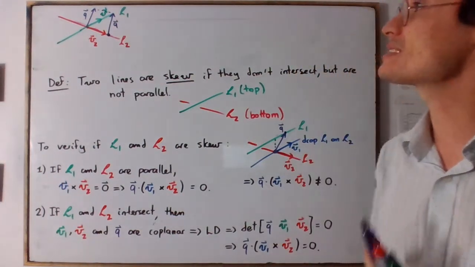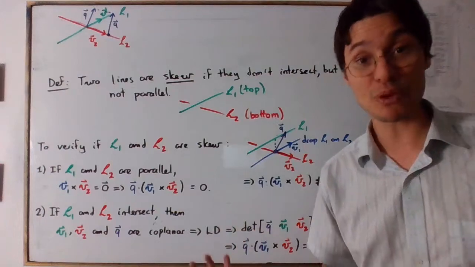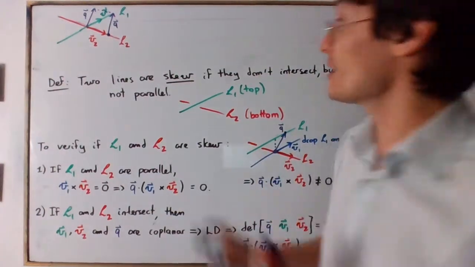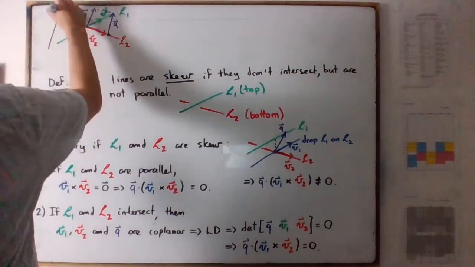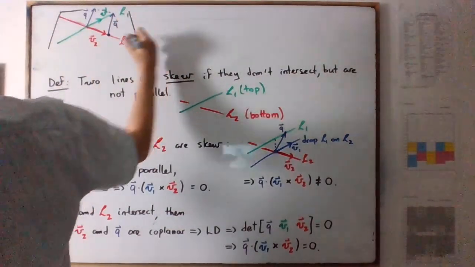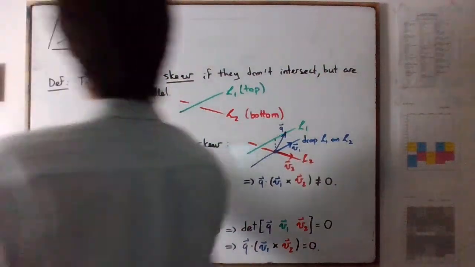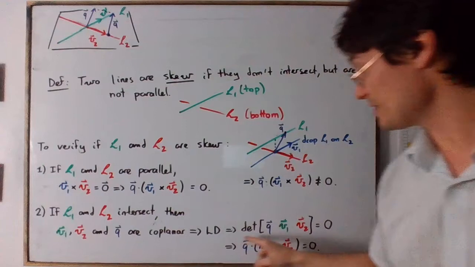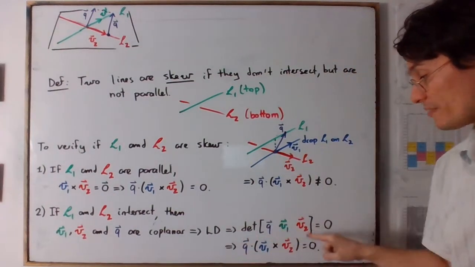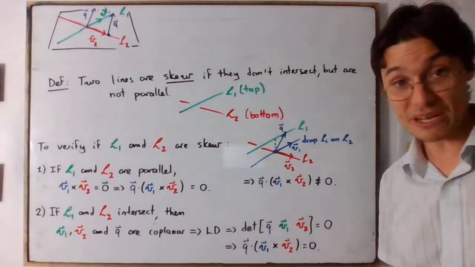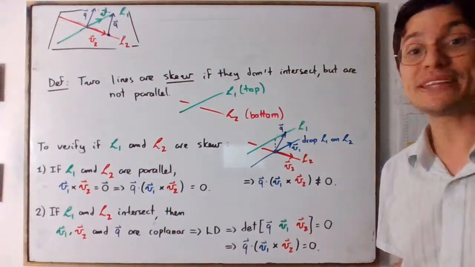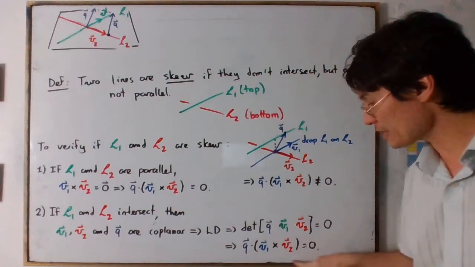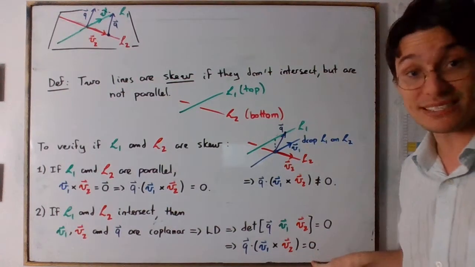They lie on the same plane. The reason is simple: if the two lines intersect, they lie in the same plane, so there's a plane that contains both lines. What does it mean? It means that the determinant of Q, V1, V2 is equal to 0 because coplanar vectors are linearly dependent. As a result, the triple product will also be 0.